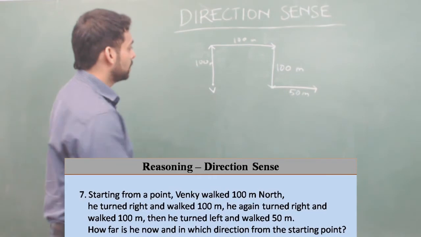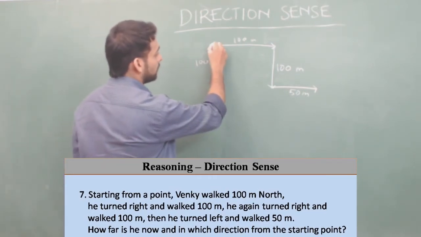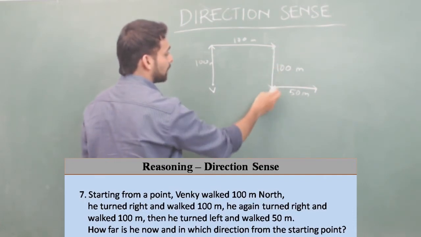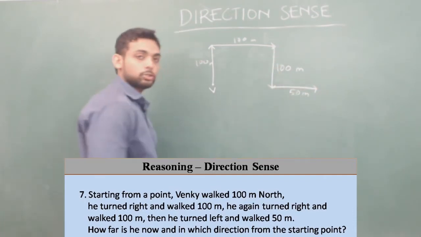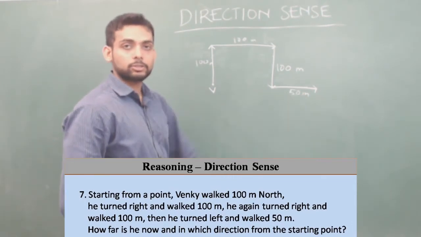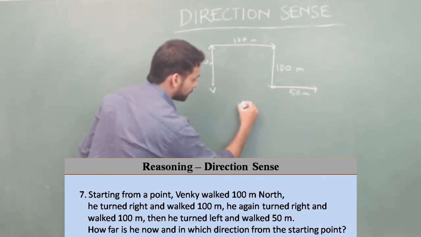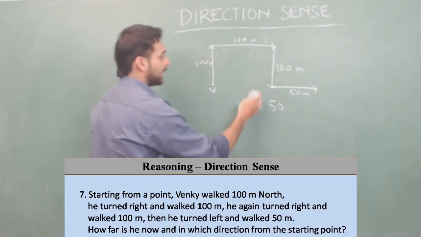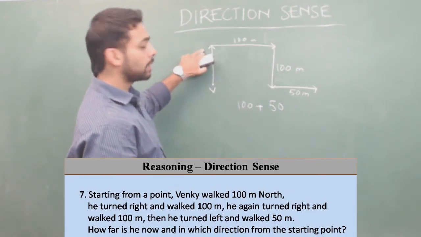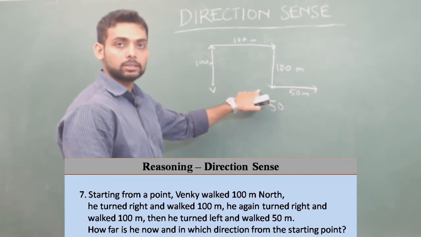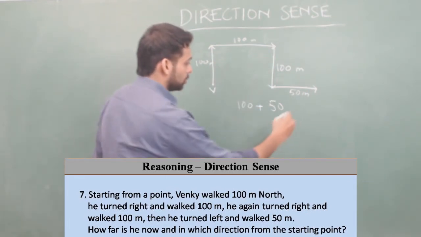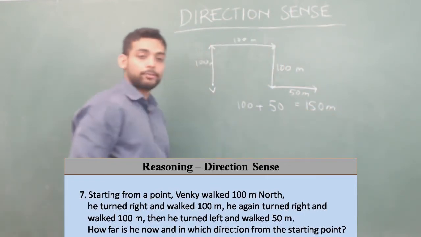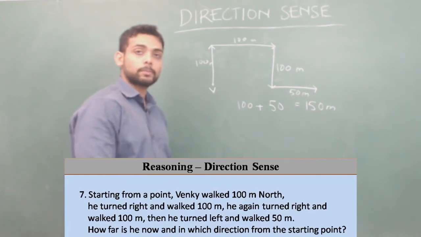So how far is he? We see that he has gone 100 meters up, then 100 meters to the east. He has come down 100 meters and another 50 meters to the east. So what is the total distance he has walked to the east? This 100 plus this 50, and it is at the same level because he has walked up 100 meters, he has walked down 100 meters. So he is 150 meters away, and in which direction from the starting point?